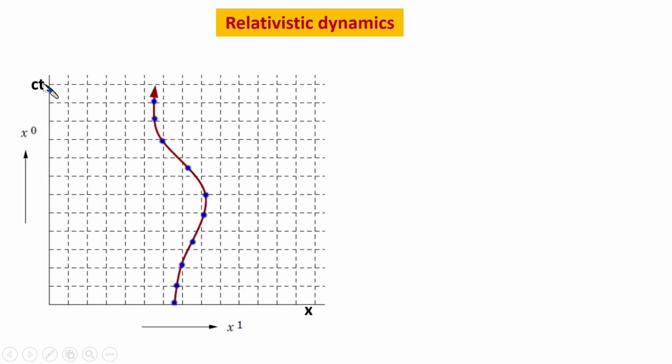Here I have shown this is your time axis and this is your position axis, and henceforth, when we discuss four vectors from the next slide, I call the time axis x0, x axis x1, y as x2, and z as x3.